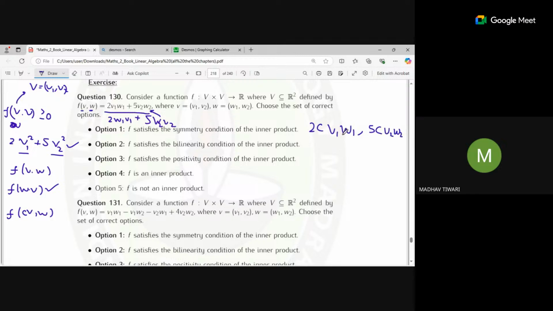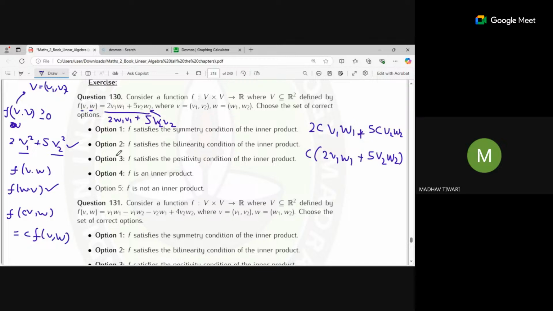If you did the dot product first, you can remove the C part. You can write it as C times 2V1 W1 plus 5 times V2 W2. So it is nothing but C times f of V, W. So the fourth property is also satisfied.